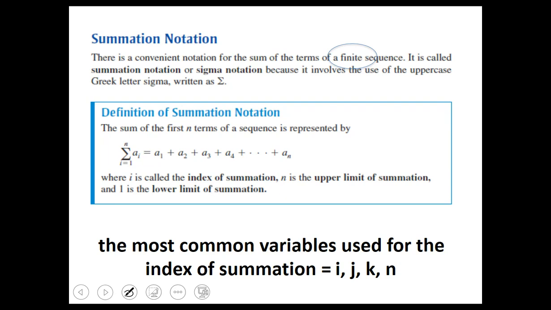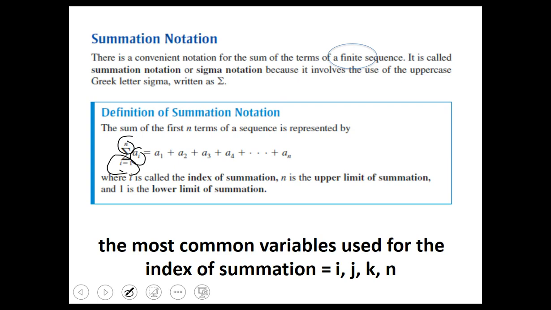You are going to add everything up from the bottom number to the top number, and you're going to plug it into whatever the formula equation is. So in this case, you're adding up all the values from 1 to n. So you'd be adding up the first term to the second term to the third term, all the way up to the nth term. So notice that they use the variable i here.